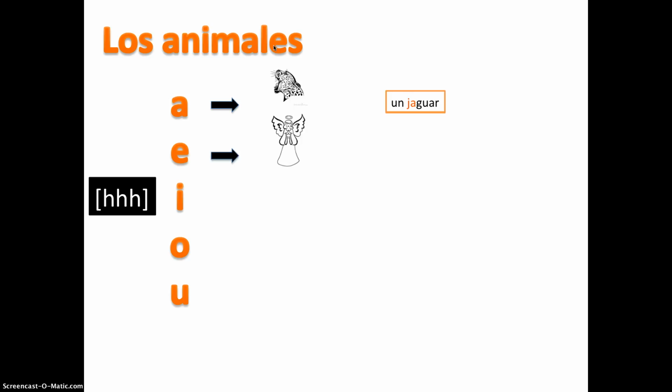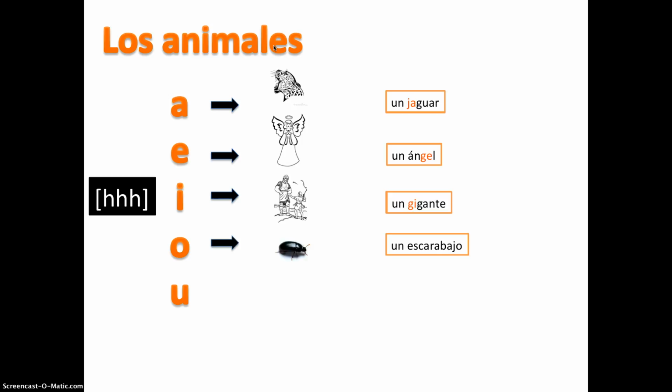With the e, we have then un ángel, say it, un ángel, not quite an animal, but a good example there of the ch sound. Now we have a giant, so try un gigante, say it, un gigante. And then we have the jo, as in un escarabajo, a beetle, try it, un escarabajo. There isn't a combination of ju, I can't find an example of an animal in this case.